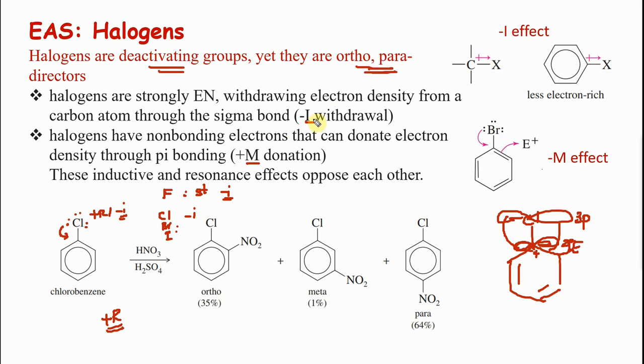Because of that the minus I is cancelled out by most of the plus M, remaining little plus M is going to be useful for orthopara director. Now you can see the para is much better than ortho because I effect para la irukadu, but meta la and the plus R illadanaala meta is less. Now this is what is going to happen. So he is going to donate electron, going to go and attack electrophile.